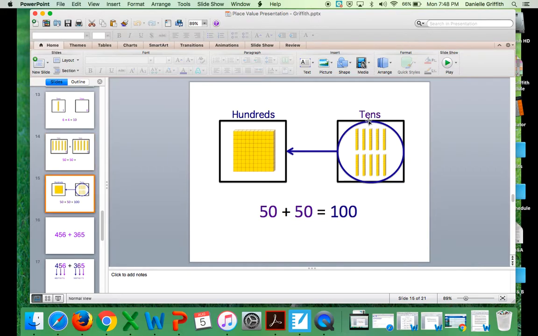We know that 50 plus 50 equals 100, and we can't fit 10 longs in the tens place, so we're going to bundle again. So we're going to bundle these up, and we're going to slide them over to the hundreds place, where it becomes one flat. The one flat has 100 little unit cubes in it, and that's why it's worth 100.